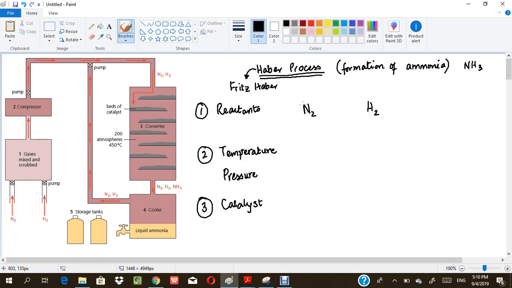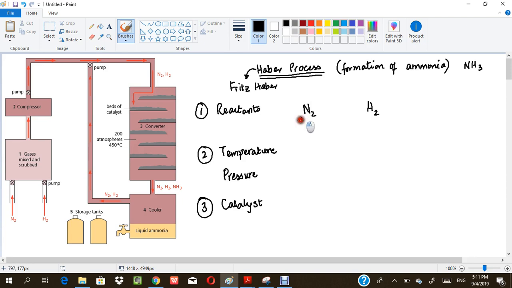Why? When we liquefy air, obviously we are liquefying the nitrogen, the oxygen, and all other gases present. Because we only need nitrogen, we carry out fractional distillation of liquefied air to give us N2 only.